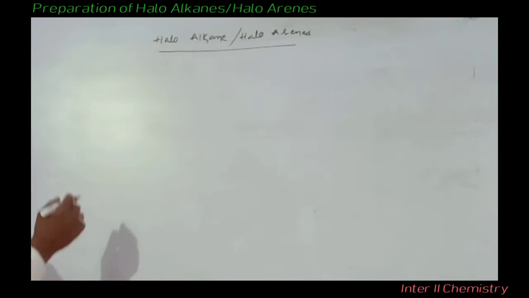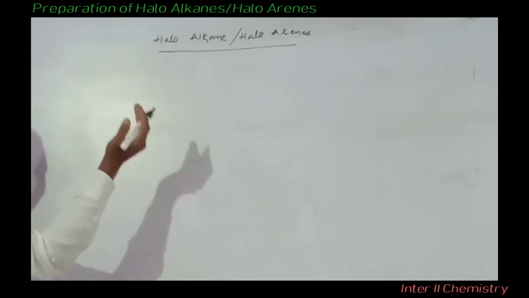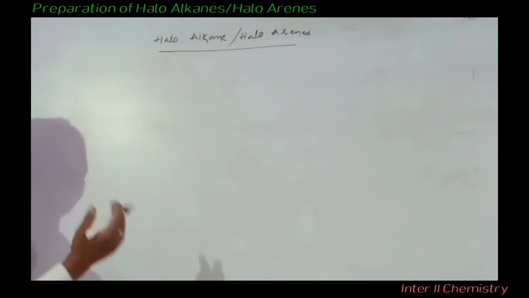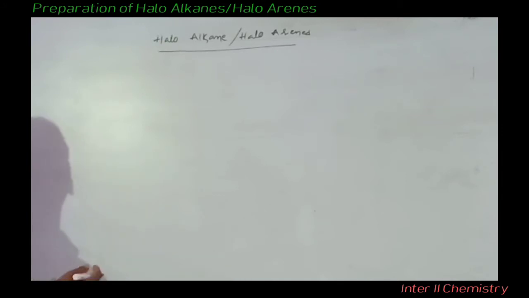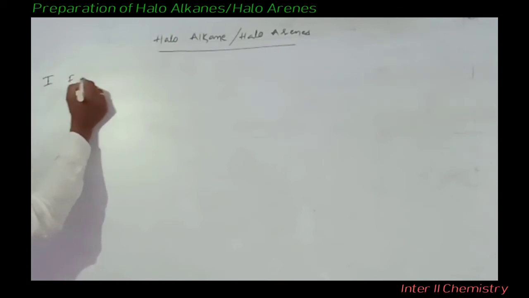Haloalkanes and haloarenes are prepared from different organic compounds. The first one is from alcohols.